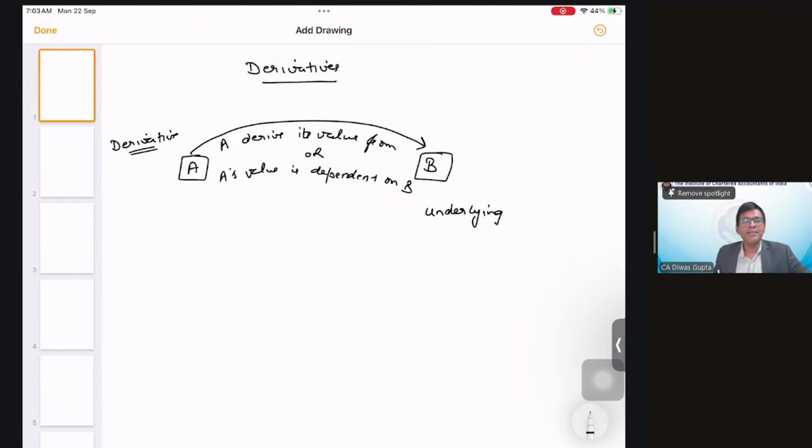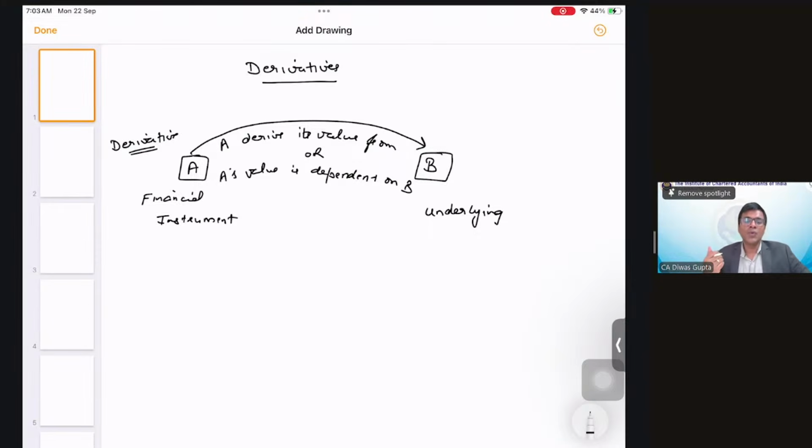At the same time, this price movement dependency in A will be in the form of a financial instrument. A financial instrument is a financial contract which involves paying or receiving money.